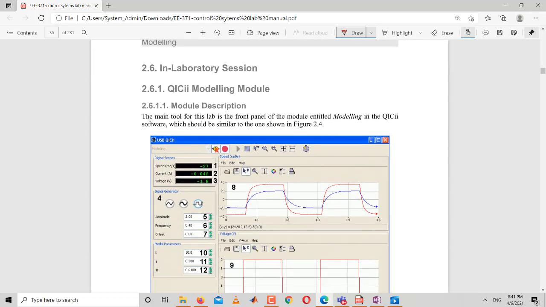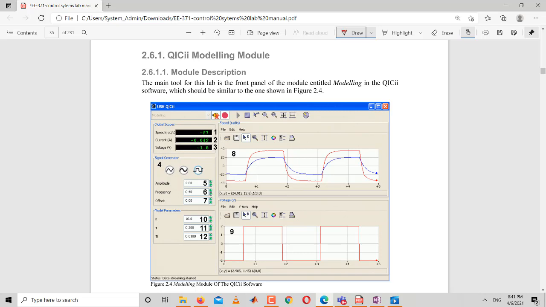Okay, this is the in-laboratory session, and this particular figure here shows the screenshot from your software. When we plug in the hardware, we see different options in this drop down menu for modeling, speed control and position control, and I've selected modeling here.